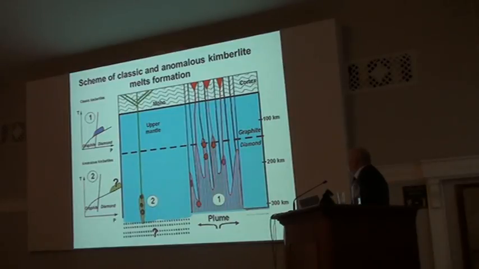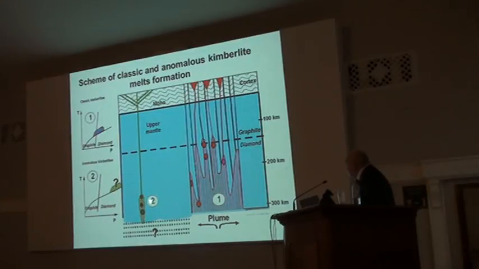Kimberlites of group 2 are produced by partial melting of mantle prepared by metasomatic treatment by carbonatitic and basaltic agents.